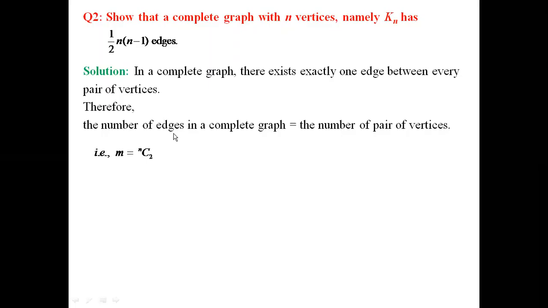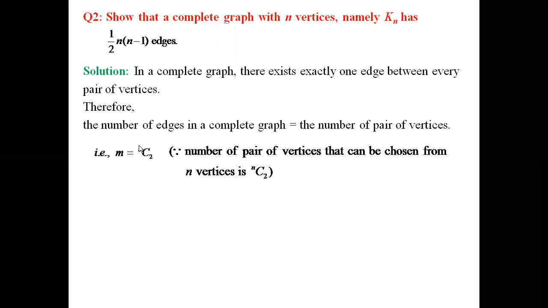Symbolically, the number of edges is nothing but m, and the number of pairs of vertices means we are selecting two vertices out of n vertices. This is equal to nC2, expanding which we get n factorial divided by n minus 2 factorial into 2 factorial. The numerator n factorial can be written as n into n minus 1 into n minus 2 factorial, the whole divided by n minus 2 factorial into 2.